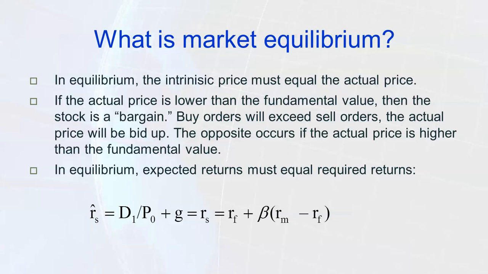In terms of return, in equilibrium, the expected rate of return and the required rate of return using CAPM must be similar. Expected return must be equal to the required rate of return.